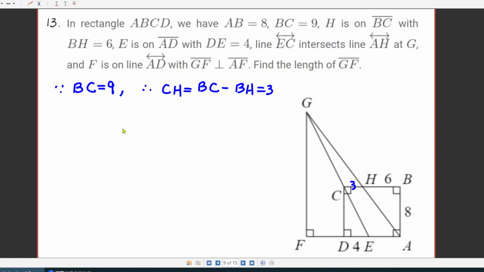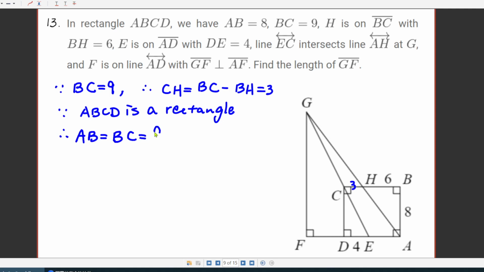And since ABCD is a rectangle, then we have AD equals BC equals 9, right?